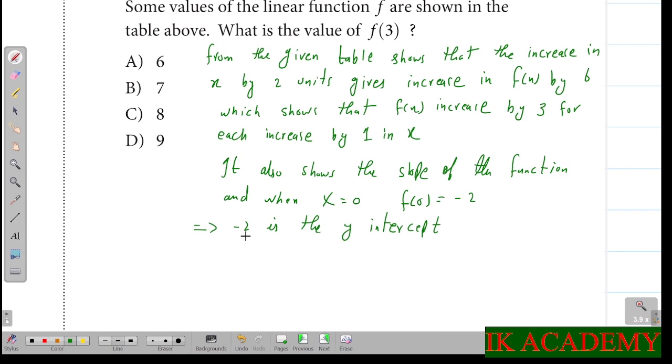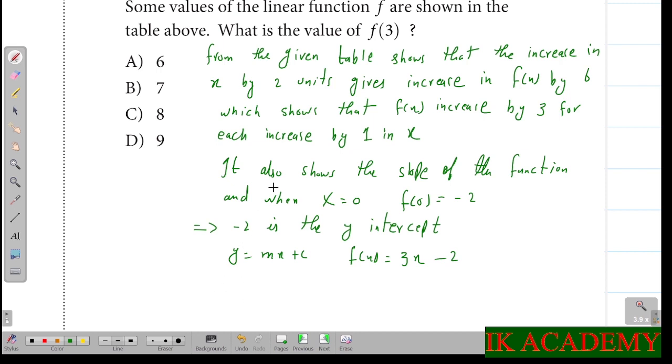Now we can compare this with the slope intercept form, which is y is equal to mx plus c, where m is the slope and c is the y-intercept. So we can write down f of x is equal to, here the slope is 3, so 3x minus 2, where minus 2 is the y-intercept. So 3x minus 2 is the equation of the function.